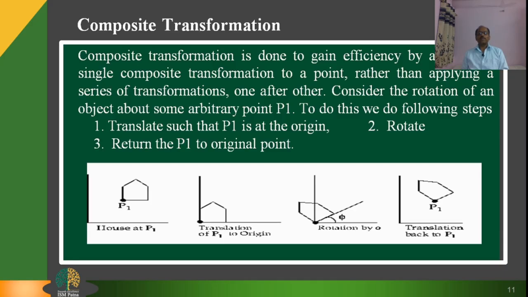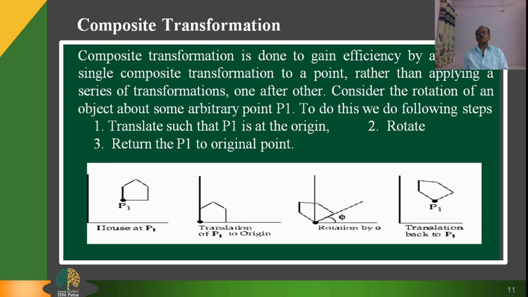Composite transformation is done to gain efficiency by applying a simple composite transformation to a point rather than applying a series of transformations one after another. As we have just seen, to rotate an object we use some matrix, whereas to transform from one location to another, we use another matrix.